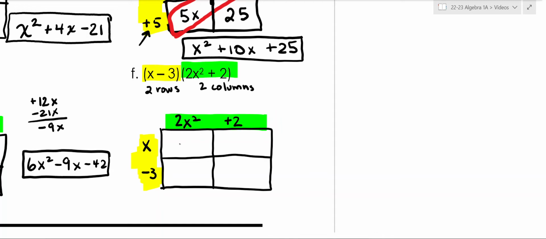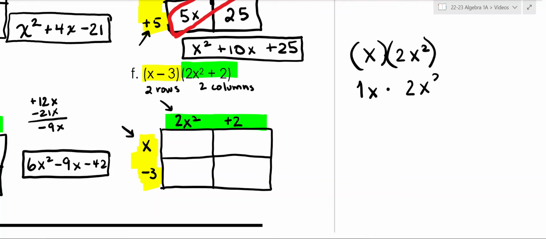All right, the first box right here. This one is going to come by multiplying x times 2x squared. Big lesson: x times 2x squared, even if you think about it in parentheses, technically this is 1x times 2x squared. So the 1 and the 2 get multiplied, and the x and the x squared, same base, add the exponents.